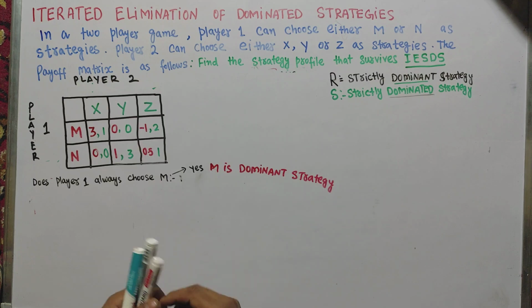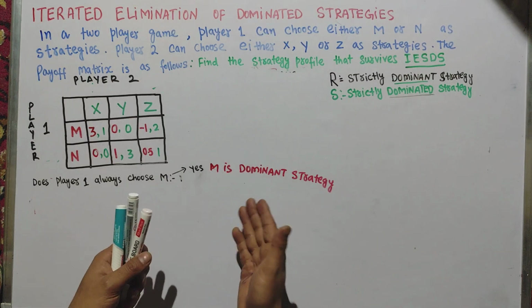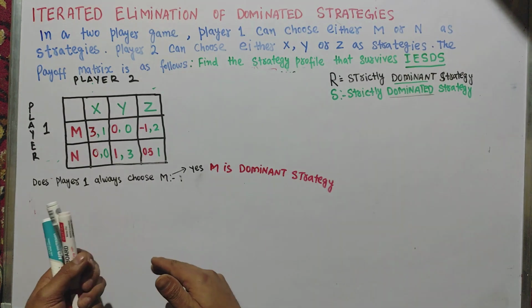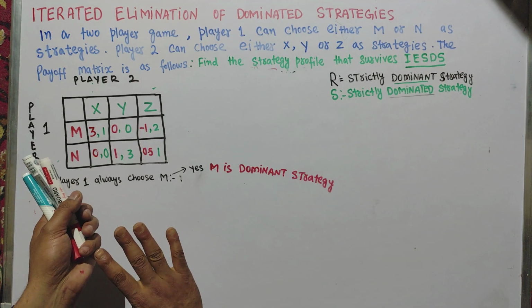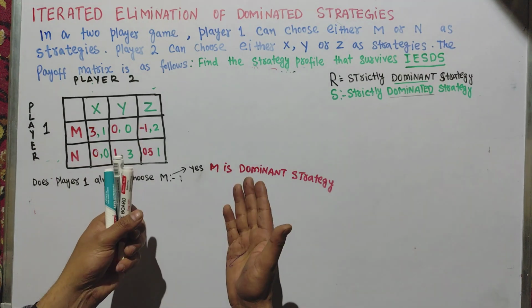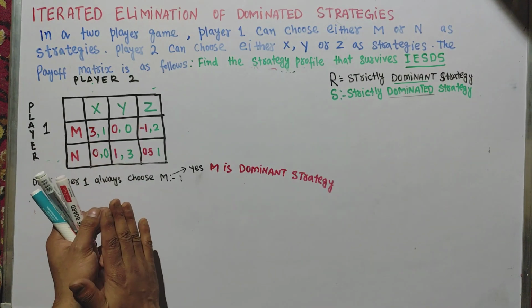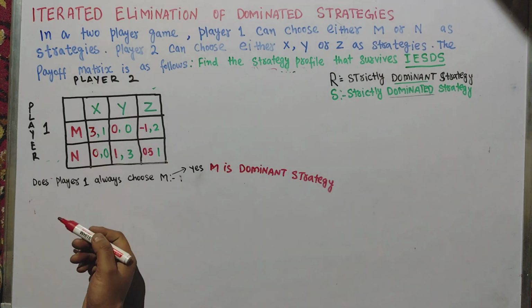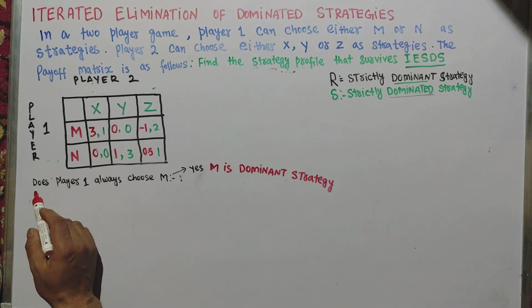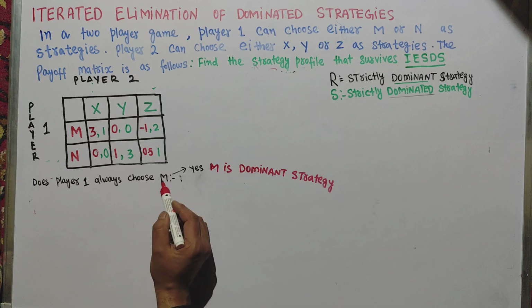By dominance, what we mean, I can also explain it this way: dominance occurs when one strategy is better than another strategy for one player, no matter how the opponent plays. The question I am asking myself is, does player 1 always choose M?